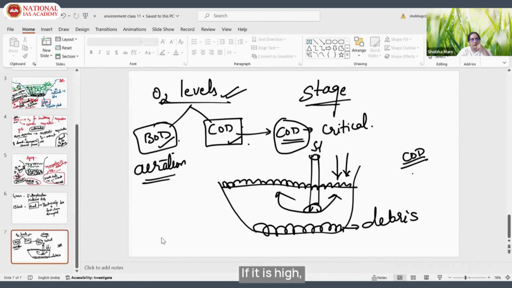If it is high, it is challenging to clean the lake.